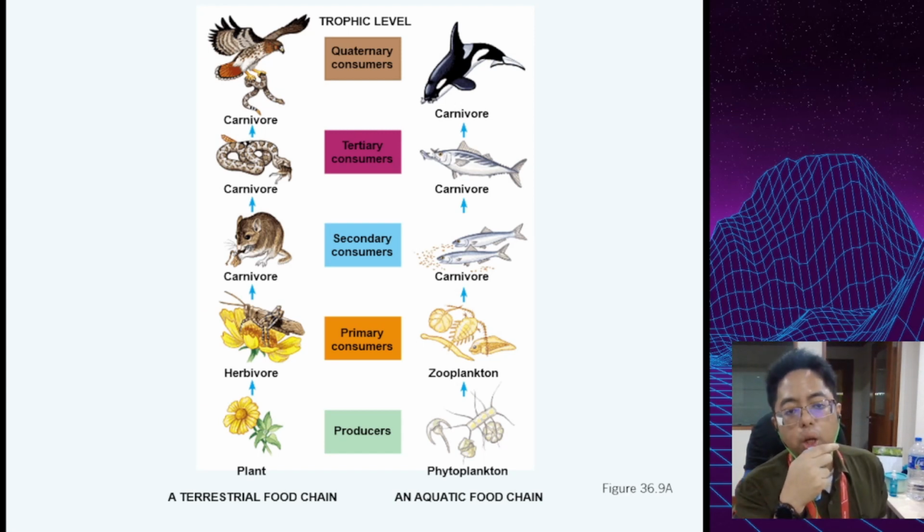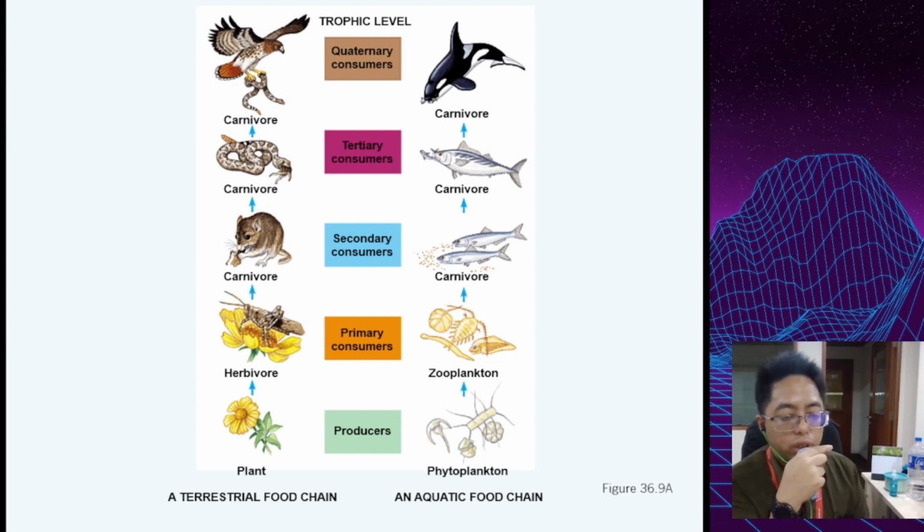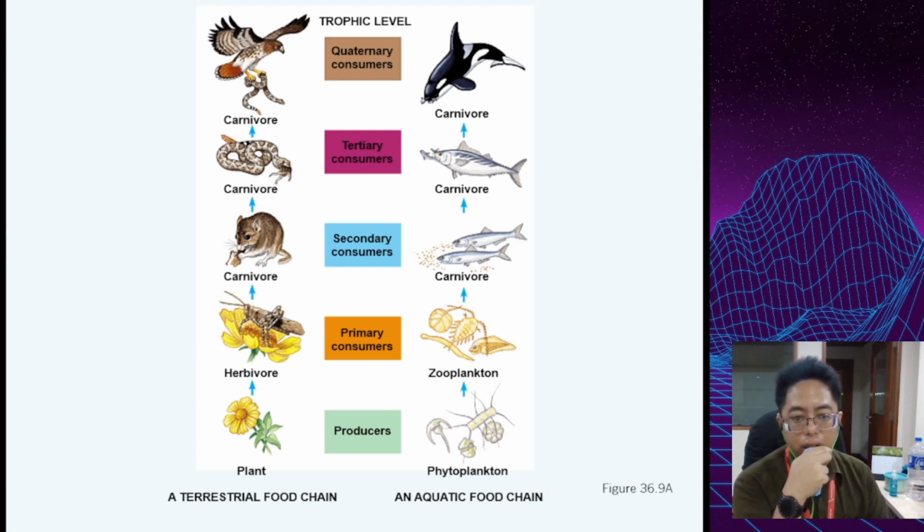And finally, on the top level, the quaternary consumers. These are the big carnivores that eat the other carnivores and probably herbivores too, so usually they are omnivores. They are the top of the food chain. Terrestrial, usually they are either humans or apex predators such as this peregrine falcon, which is something like an eagle.